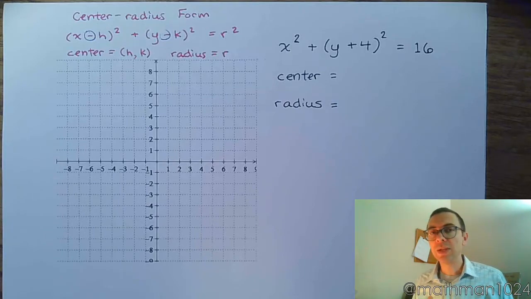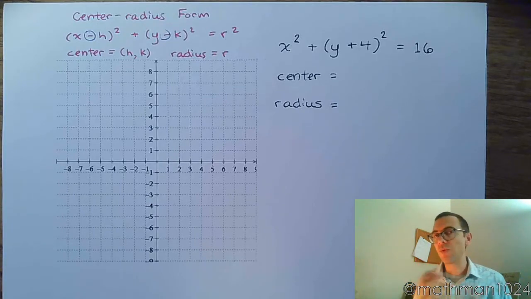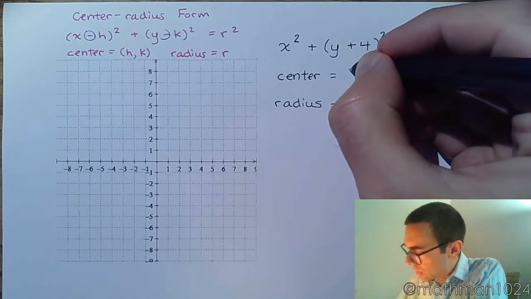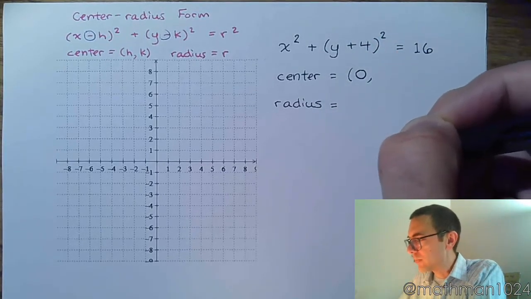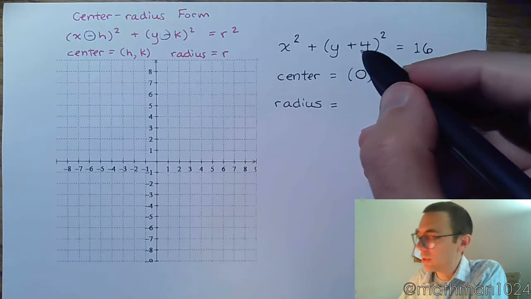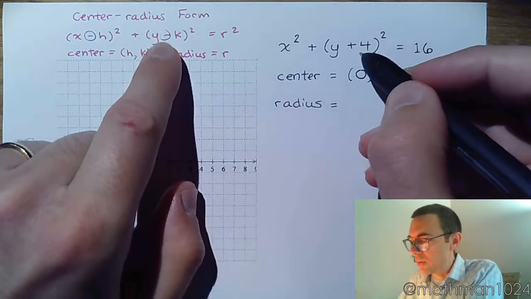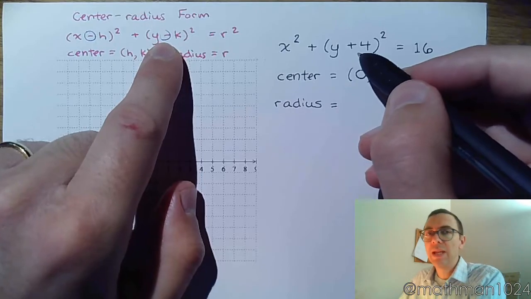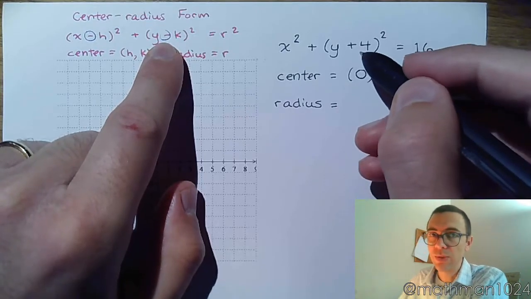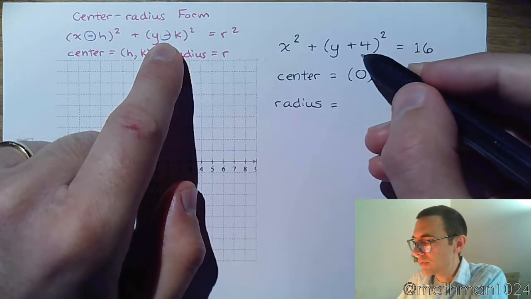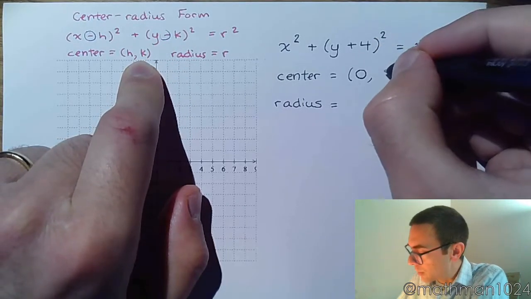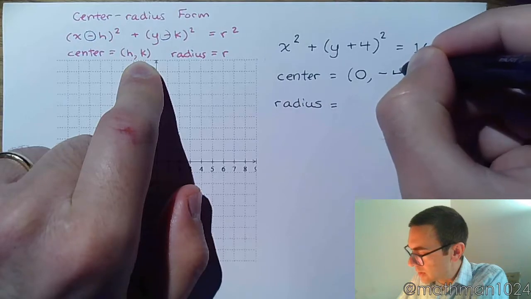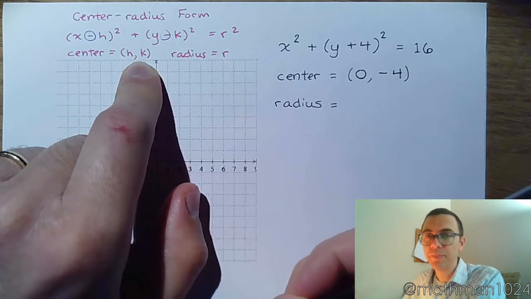And what that means is that it has not been shifted left or right at all. So for the center, your x is going to be 0. Now for the y, we see y plus 4. But as I mentioned, because the form has a negative, you're always going to do the opposite of what you see. So even though I see a positive 4, to identify the y coordinate of my center, I'm going to do the opposite, which is negative 4.